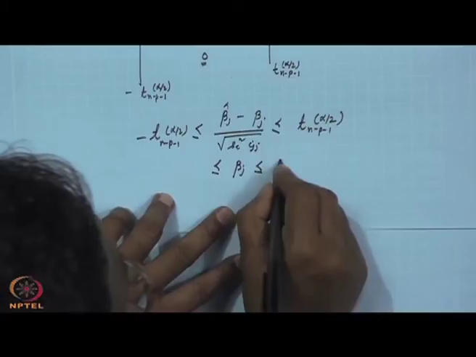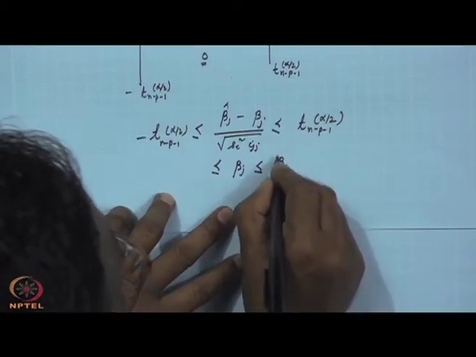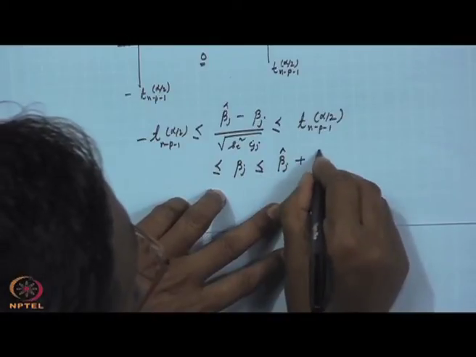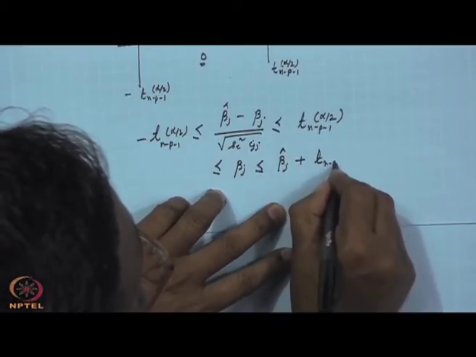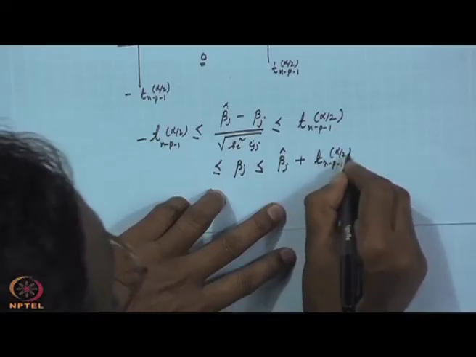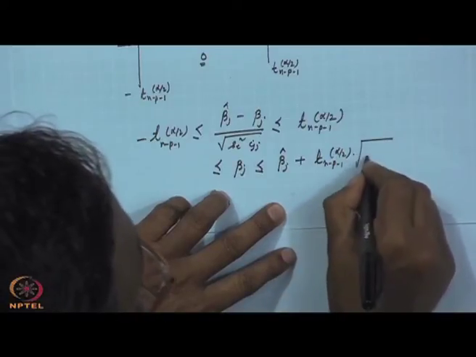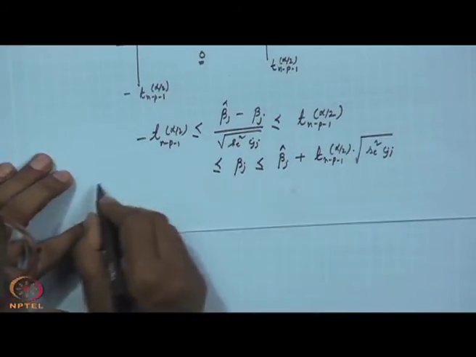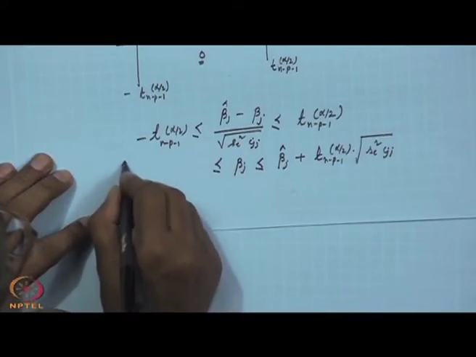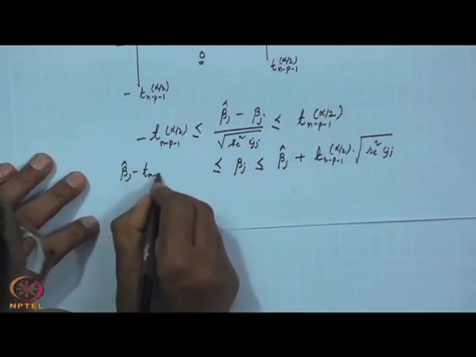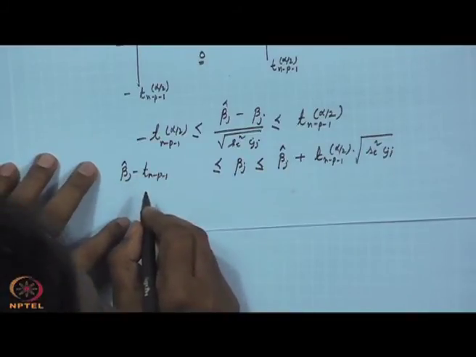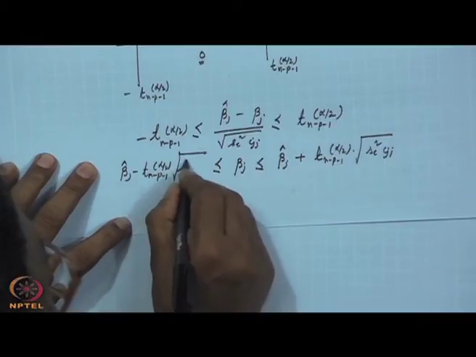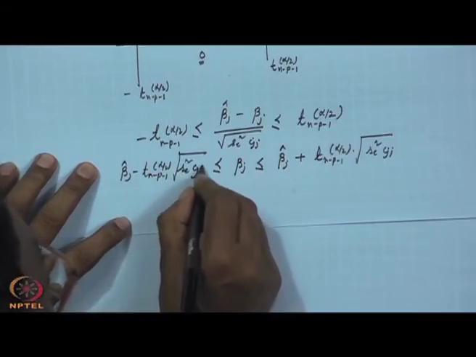This quantity will come here as beta j cap plus t n minus p minus 1 alpha by 2 into root over sigma cap square Cjj, and this side it will be beta j cap minus t n minus p minus 1 alpha by 2 root over of sigma cap square Cjj.